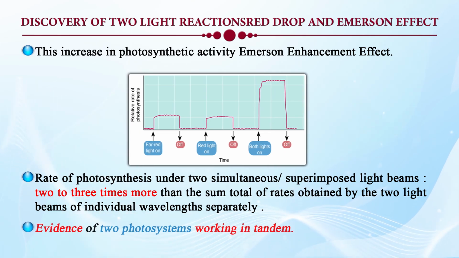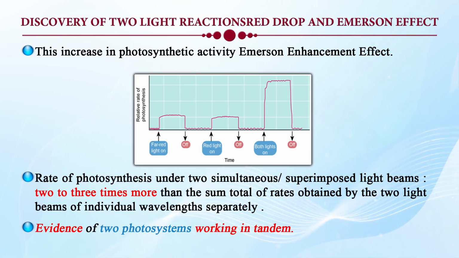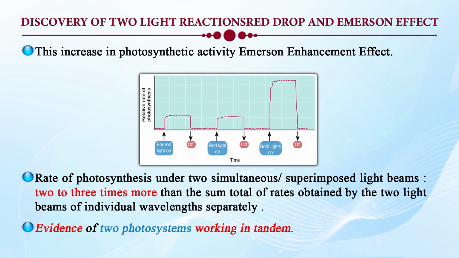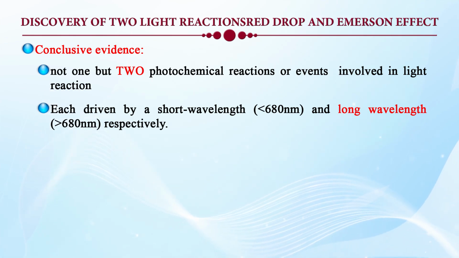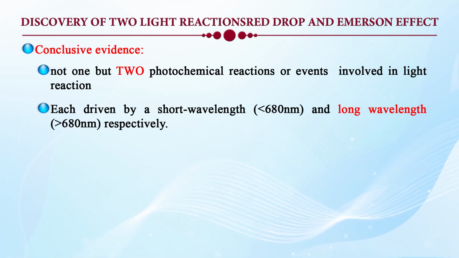which means this was also a fundamental experiment which gave evidence that there are two photosystems which are perhaps working in cooperation in tandem. And obviously, simultaneously, one is working at wavelengths lesser than 680 nanometers and the other one is functioning at greater than 680 nanometers.